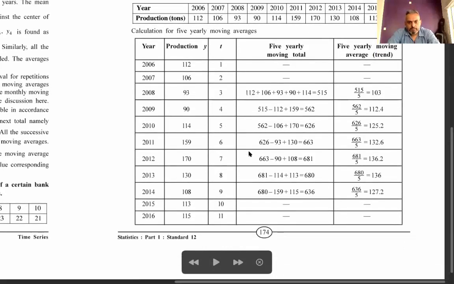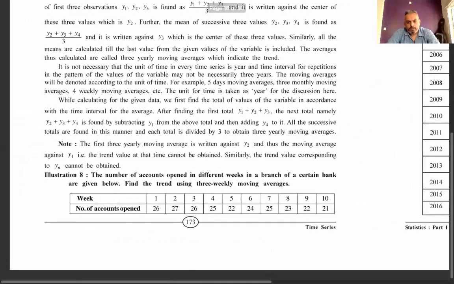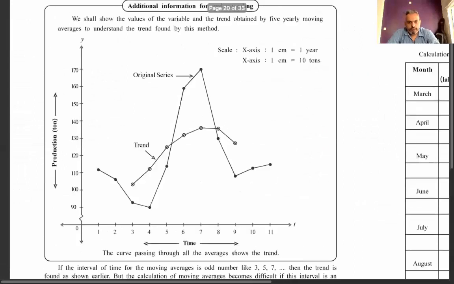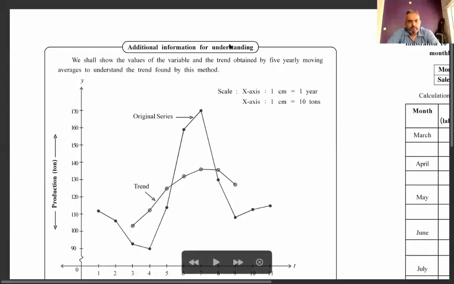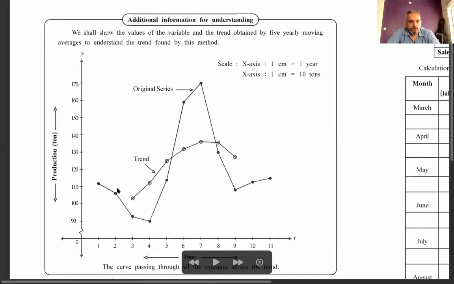Now see over here. In the textbook, you can see this graph. Now this graph is the sum what we just did. So the original series, you can see how it is moving. You can see 1, 2, 3, 4 up to 11, and we did various plots. And then for the 5 years moving average, this is the trend.